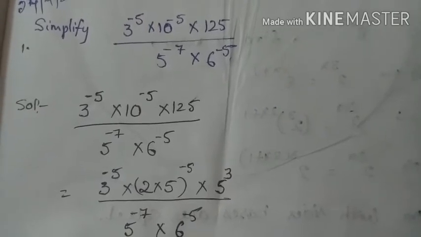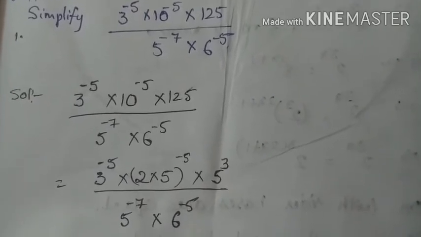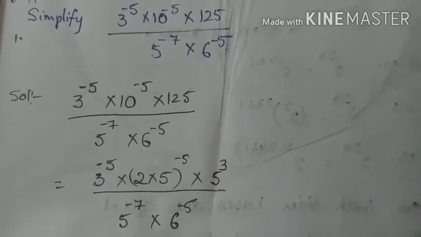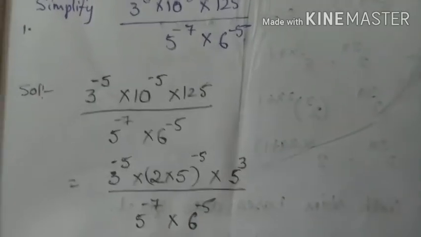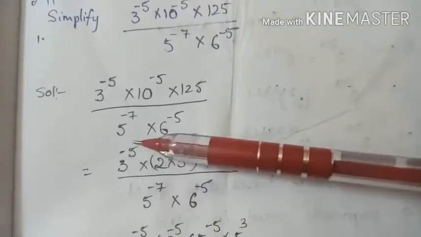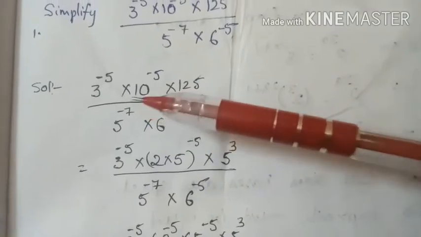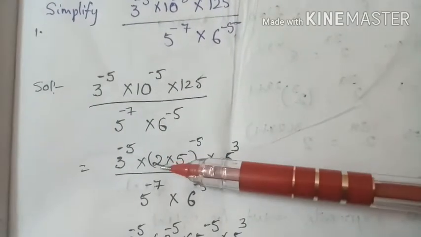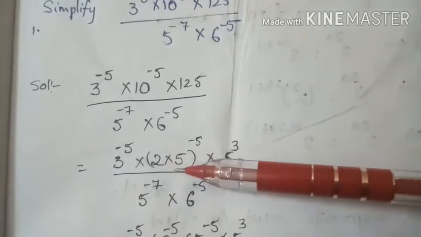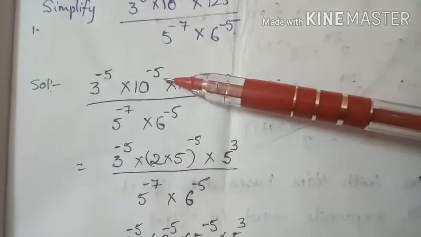So here 3 power of minus 5 into 10 power of minus 5 into 125 by 5 power of minus 7 into 6 power of minus 5. Here base is 10. I converted 10 as 2 into 5. So (2 into 5) whole to the power of minus 5.